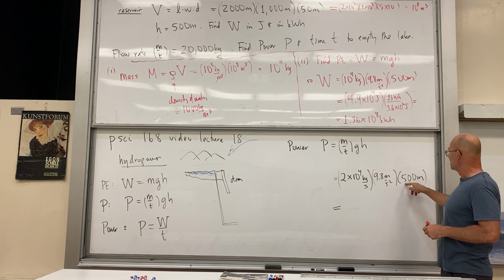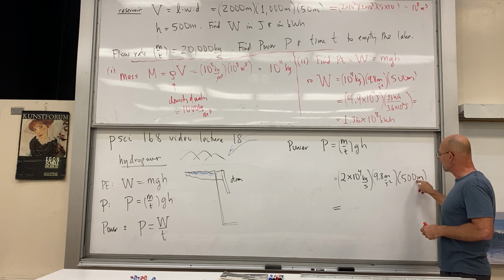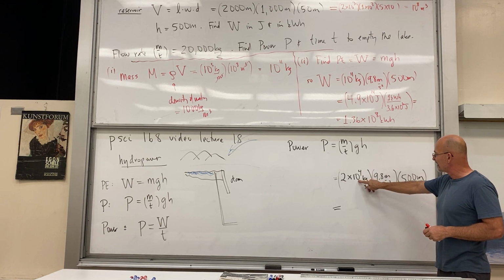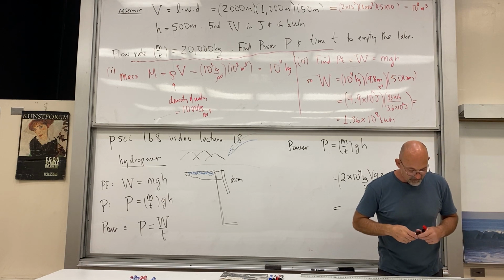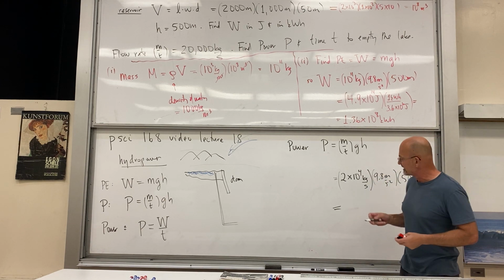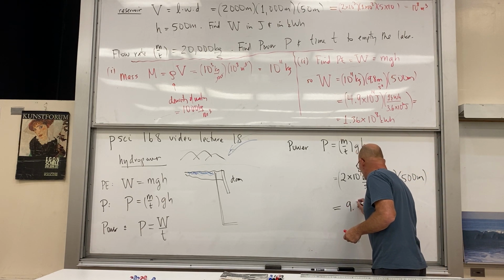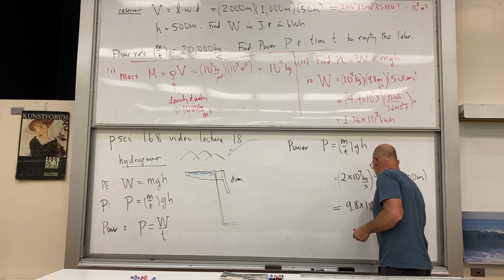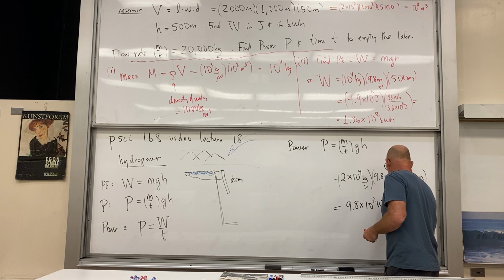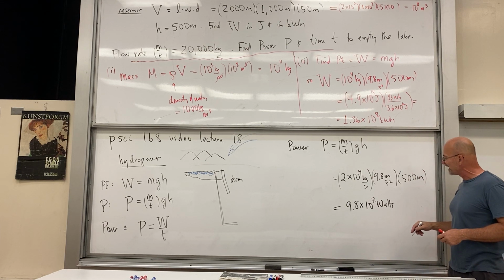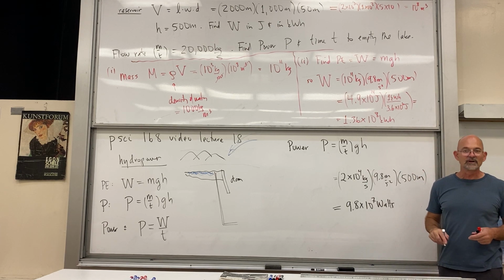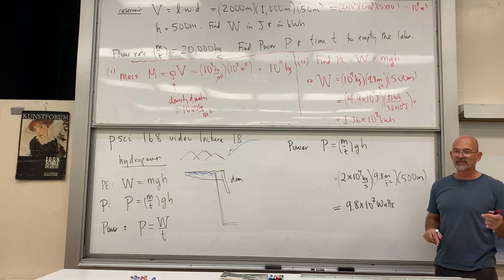And that'll be 10 to the 1, 2, 3, and 4 will be 7. 9.8 times 10 to the 7. Okay. So we have 9.8 times 10 to the 7 watts, which is almost 10 to the 8 watts, which is almost 100 million watts, okay?